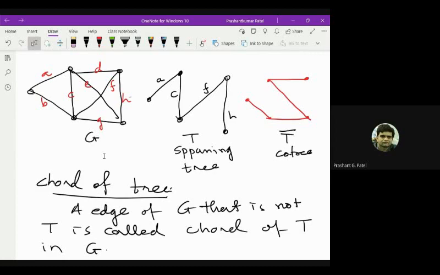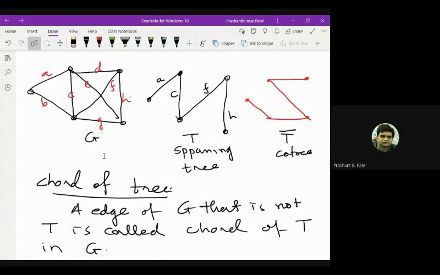Yes, connected graph, because a spanning tree contains all the vertices. And it is a tree, so that means there exists a path between every pair of vertices, as per our discussion above. So if any graph G has a spanning tree, then it is connected. Is the converse true?